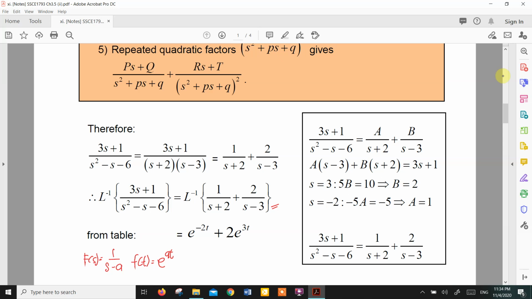The first one is the inverse Laplace of 1 over s minus negative 2, plus 2, you take out 2 because 2 is a constant, times the inverse of 1 over s minus 3. Here your a is negative 2. So you will get e to the power of negative 2t plus 2 times e to the power of 3t. That's why you get this answer.